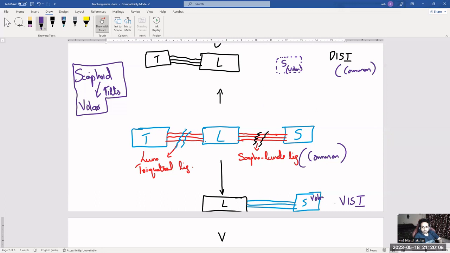If at all you see VISI, it is so rare that it is considered to be a type of anomaly, and it's not considered as a carpal instability. It's that rare of an occurrence. Now let's see how DISI and VISI appear on a lateral view of an X-ray.